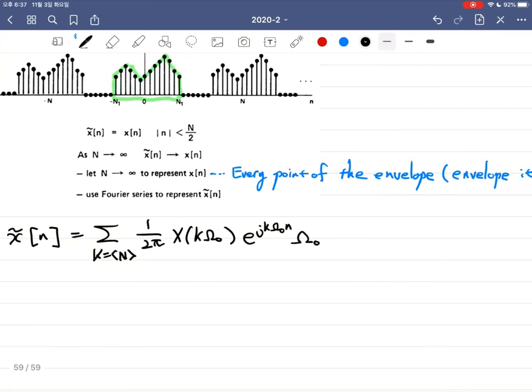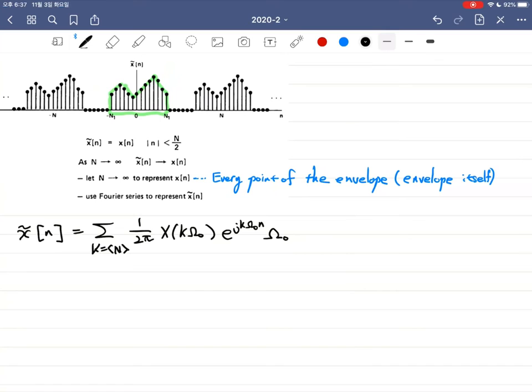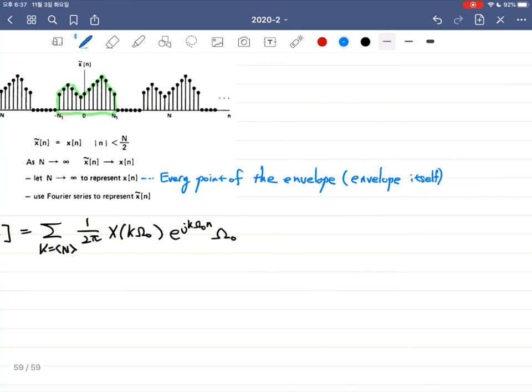This is the synthesis equation using the envelope function.